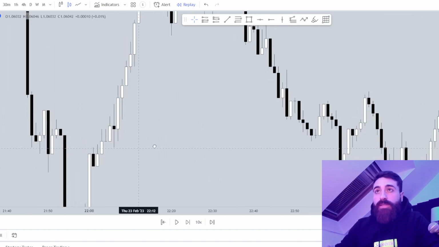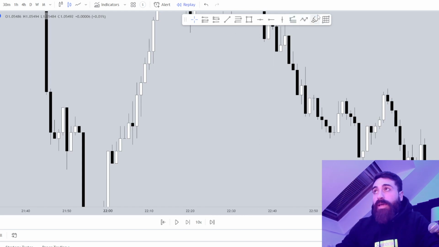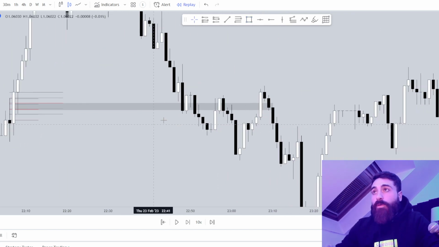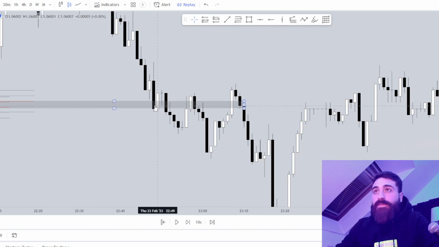As we can see right here, we have these long candles, and the same, we take the 50% of both of them. Okay, and we extend it in time. So as you can see, the price tried to respect it here.